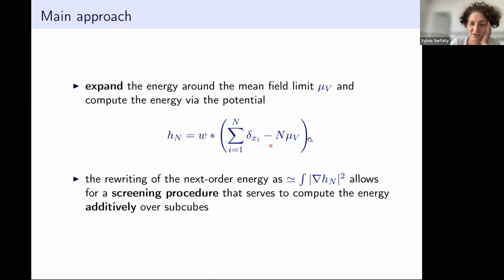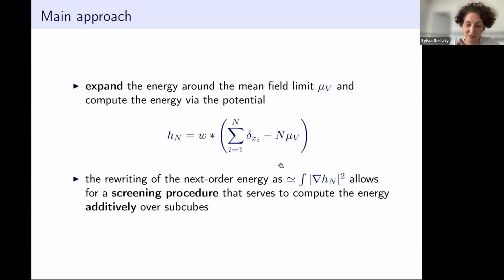Here I normalized it slightly differently, so this is n times the empirical measure, and this is n times mu_V. And then you can write the interaction energy of this new system, which is a system with positive charges that are discrete charges, and a negatively charged background with mass minus n.